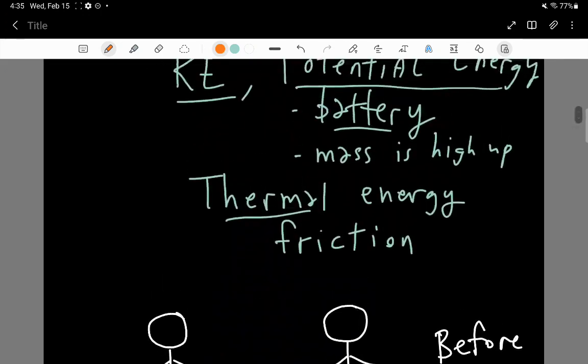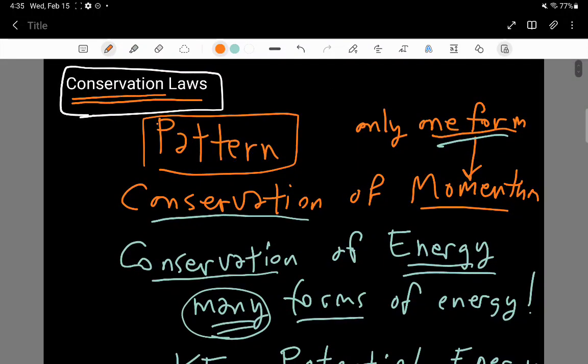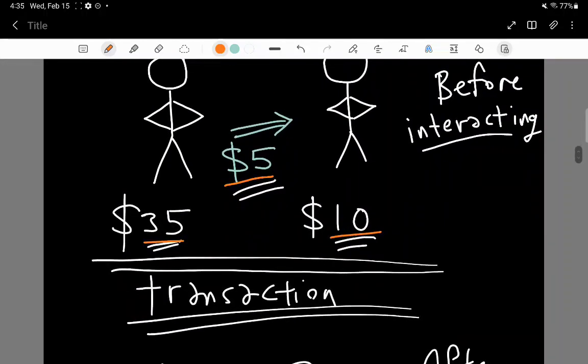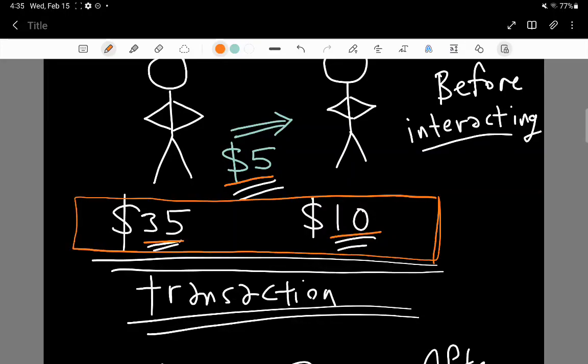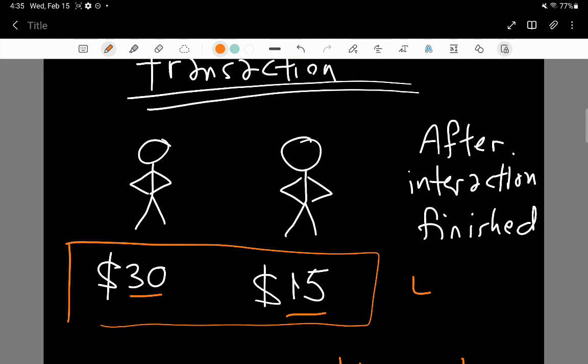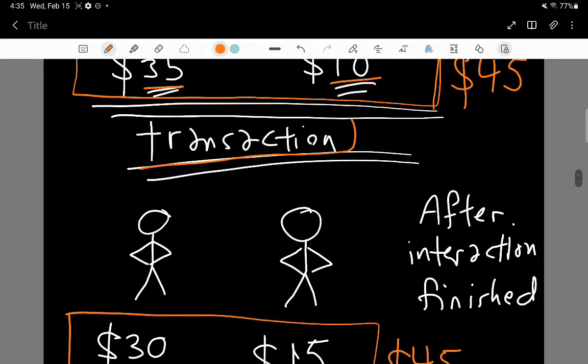But the conservation, the pattern, the really interesting thing to say is that if you look at the total amount of money, the total amount is $45, and the total amount is $45, even though there was a transaction.